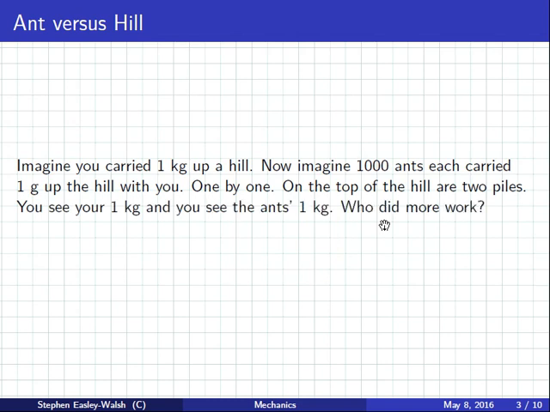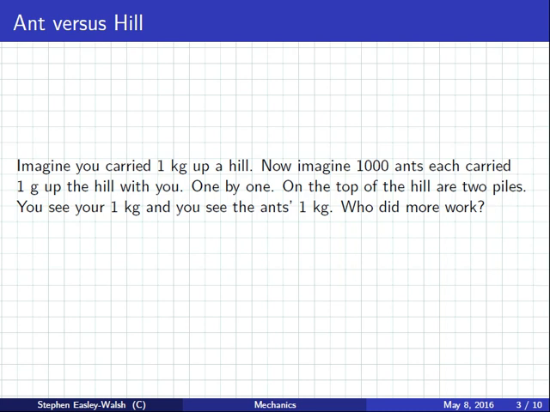So who did more work? Same. It's the same actually, because both did the same job, but there's something different about the ants. They took longer to do it.